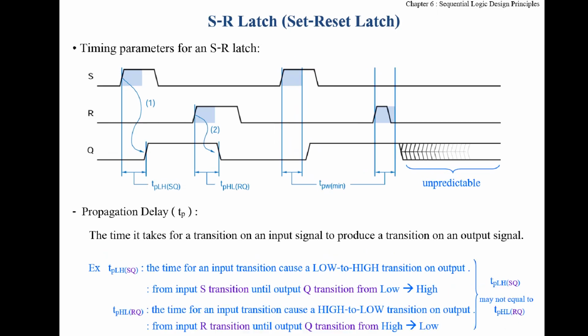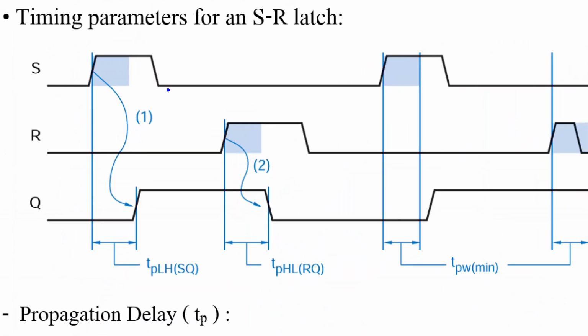If you apply this input S, for example, very short, what happened? Namely, we change it to 1 and then back to 0. Suddenly, what happened? Q, first of all, is 0 volt, right? When it goes to 1 and back to 0, suddenly it's back to 0 again, right? So the output will not change.